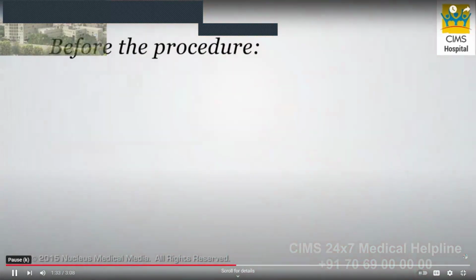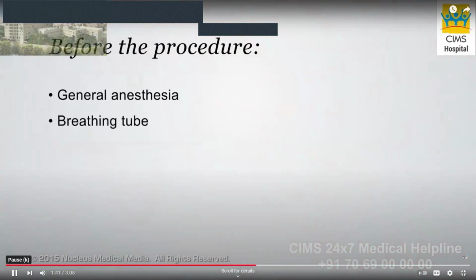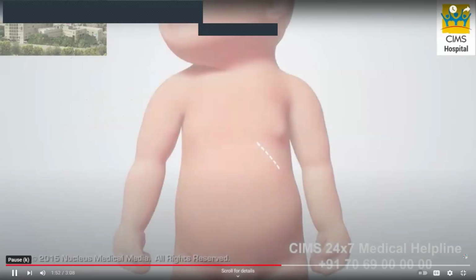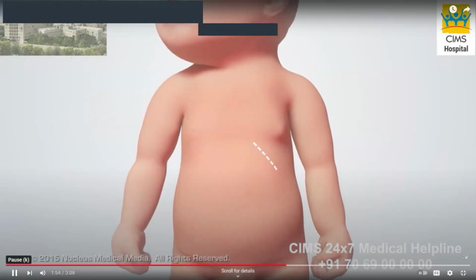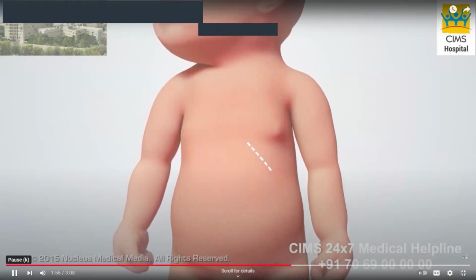Before the operation, the baby will be given general anesthesia to put him or her to sleep for the entire operation. A breathing tube, inserted soon after birth through the nose or mouth and down the throat, will continue to help the baby breathe during the operation. Usually, the surgeon will make an incision under the ribs on the left side.